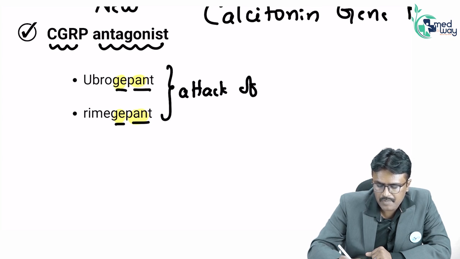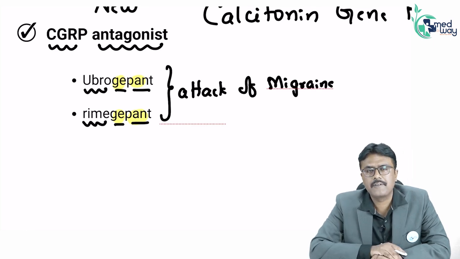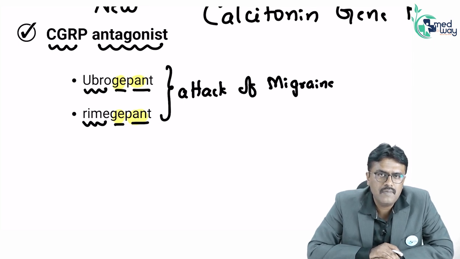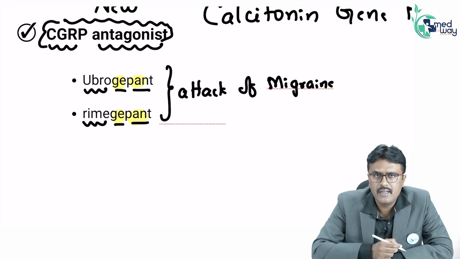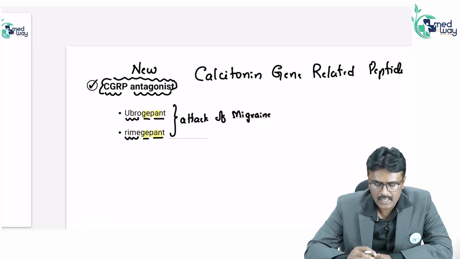There are two gepants, ubrogepant and rimegepant. If you don't want to remember the names fully, remember they end with gepant, because we also have CGRP antagonists which are used for prophylaxis of migraine. So for attack of migraine, we use gepant drugs.